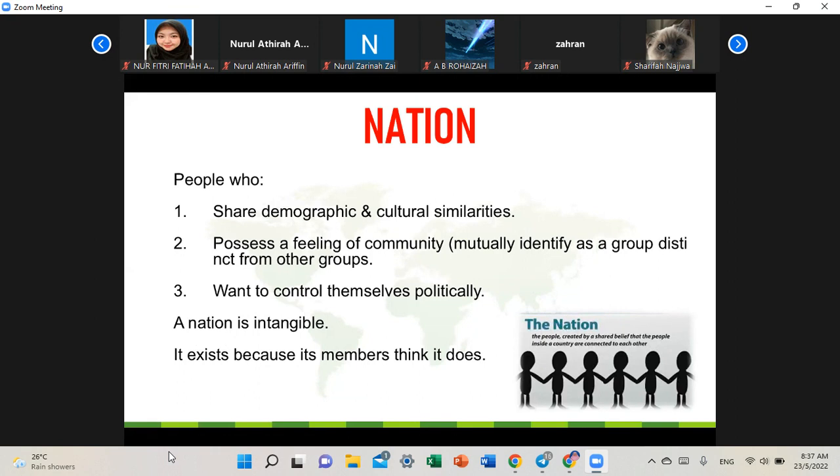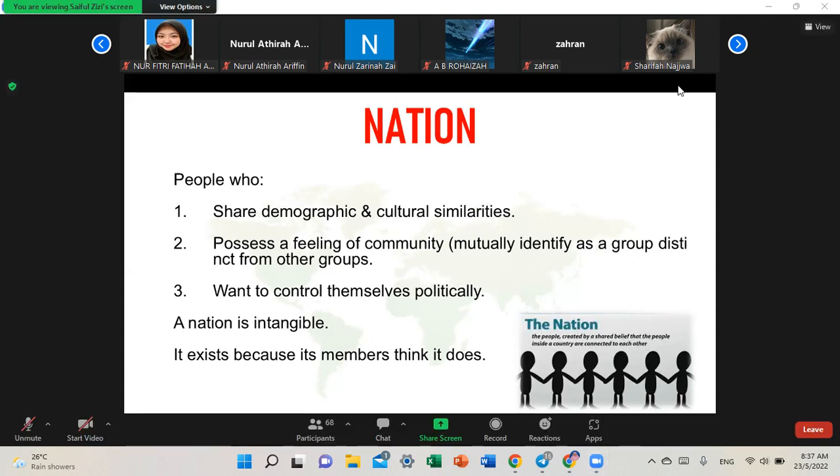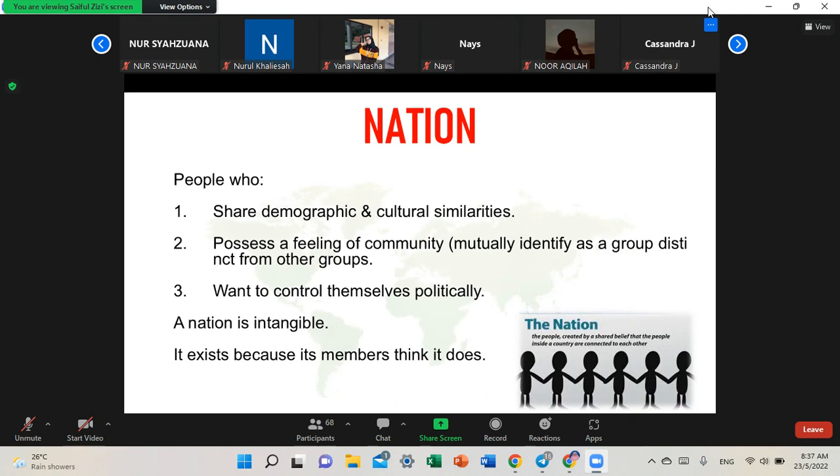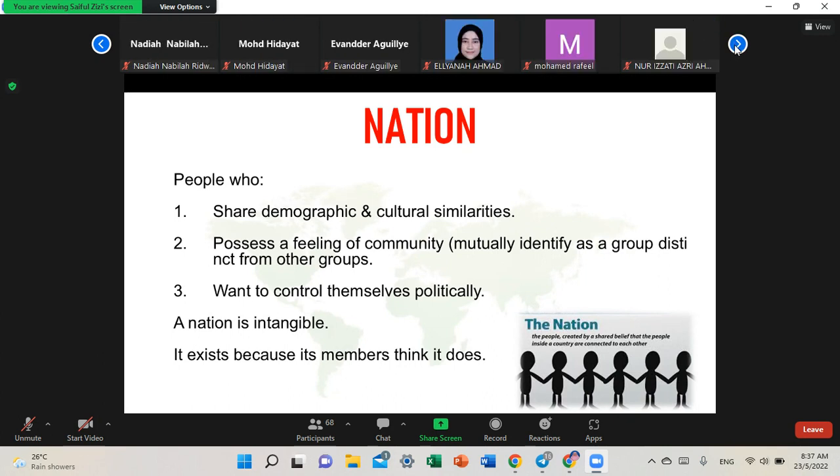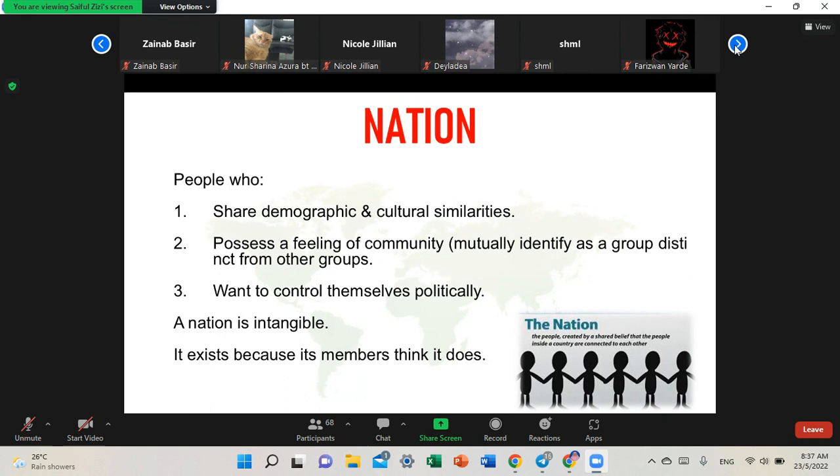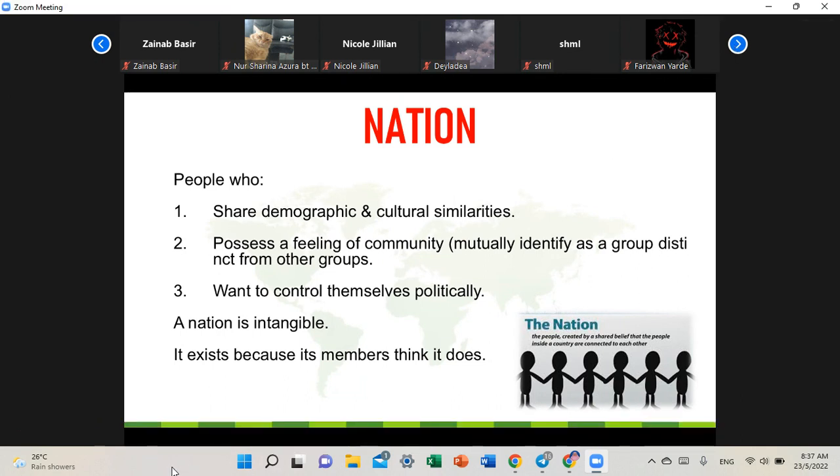And in other cases, there are also countries with heterogeneous demography. For instance, Malaysia, Indonesia, Singapore, mostly countries that have prior experience of colonization. As a result of that period, we had to accept new demography into our country as part of the prerequisite conditions set by our former colonial master so that we could get our independence.